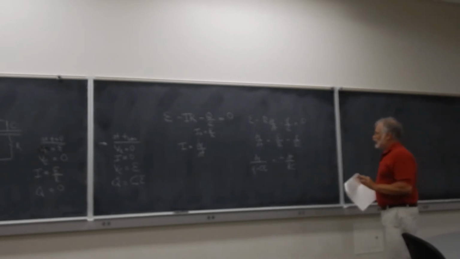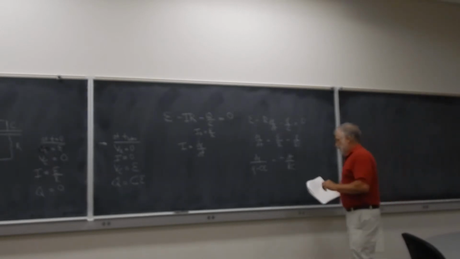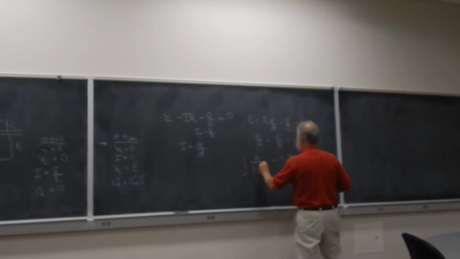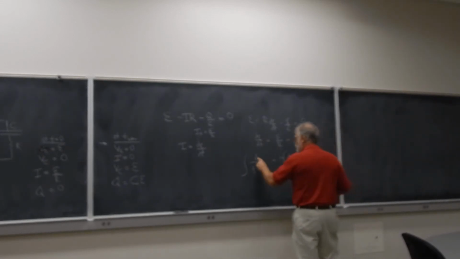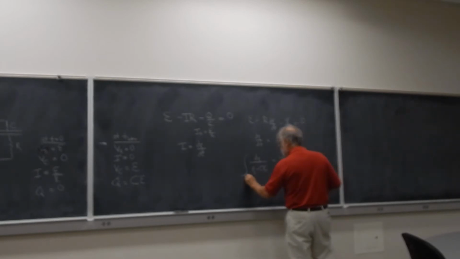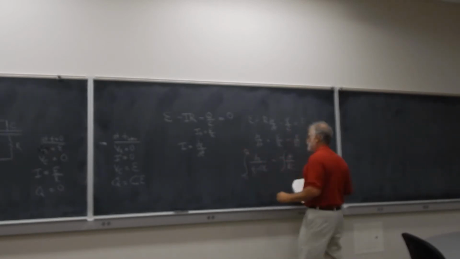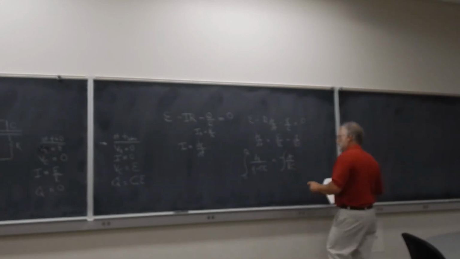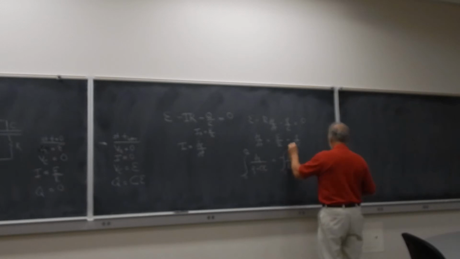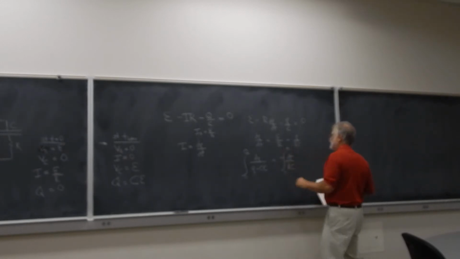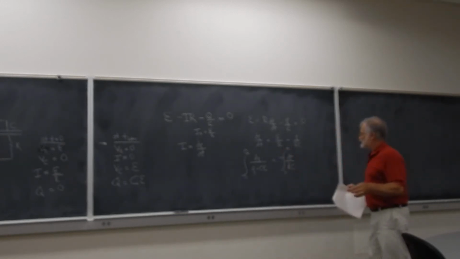Well, at this moment, what we want to do then is integrate. So I'm going to integrate both terms. I'm going to integrate my charge term from charge equals 0 to fully charged, let's call that q, and I'm going to integrate my time term from 0 to some time t, that time when it's fully charged.